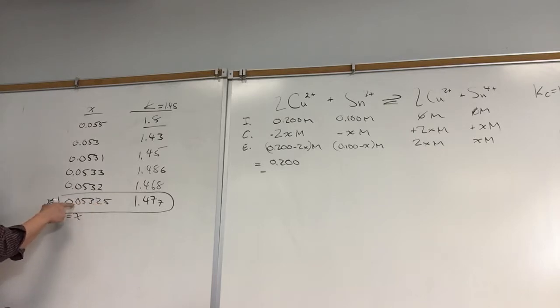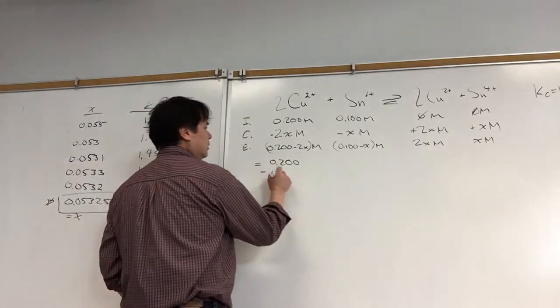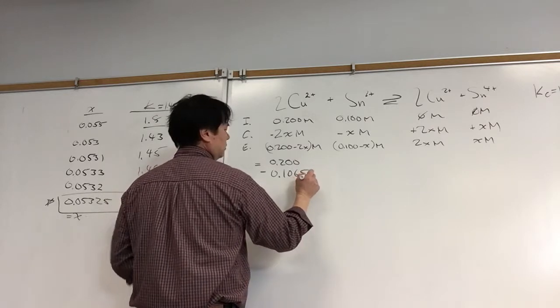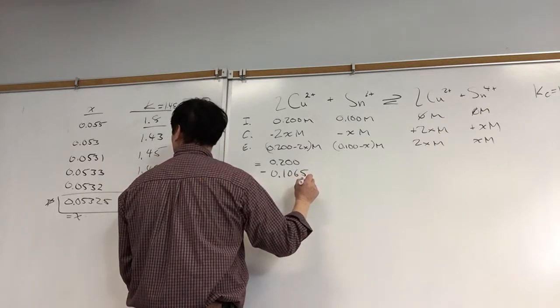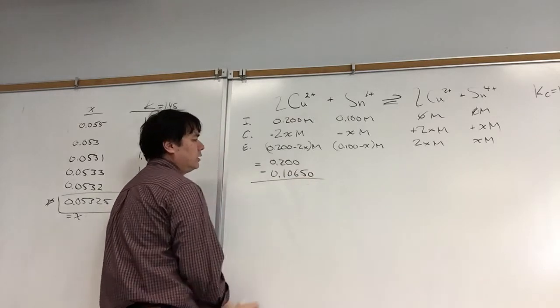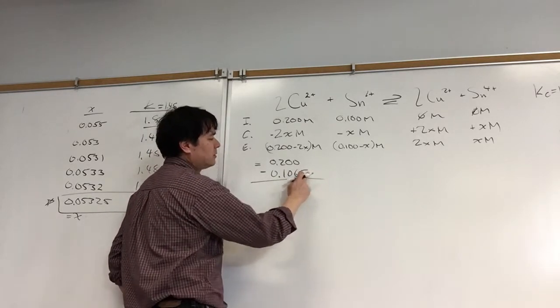So I'm going to double this. This is going to give me 0.10650. I'm allowed 4 there. But the 0, I'm gonna just drop it to keep the math simpler.